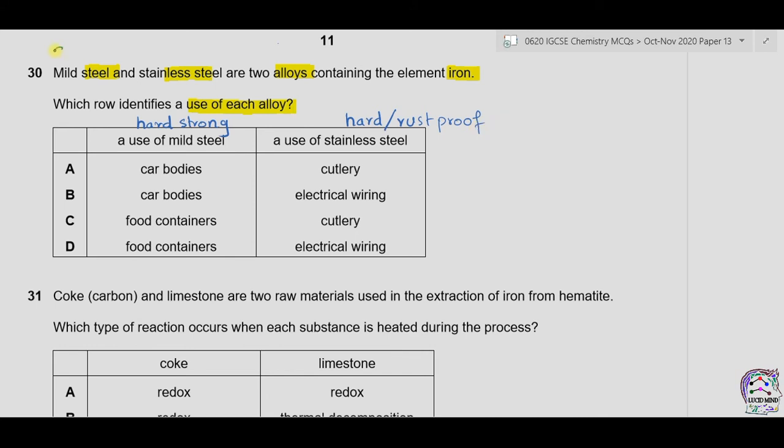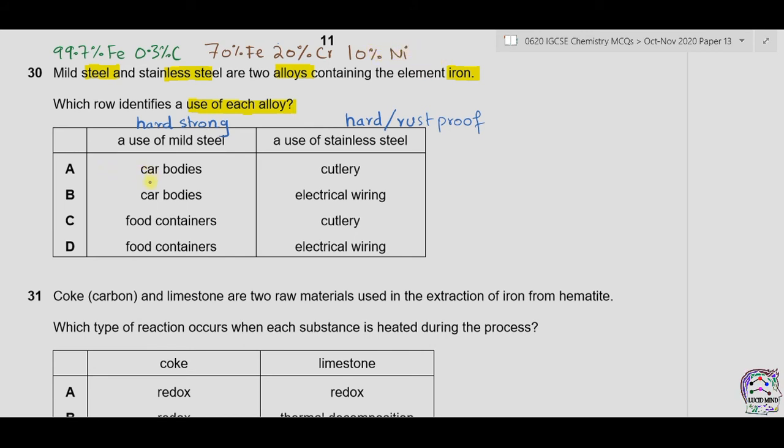In mild steel, 99.7% iron is present, while 0.3% carbon is also present. In stainless steel, we have 70% iron, 20% chromium, and 10% nickel.